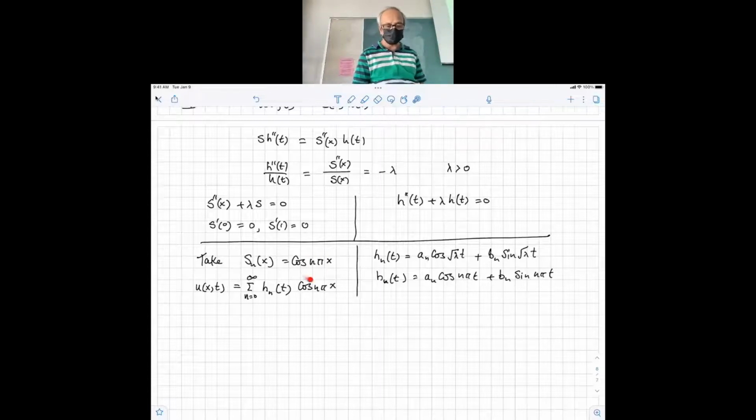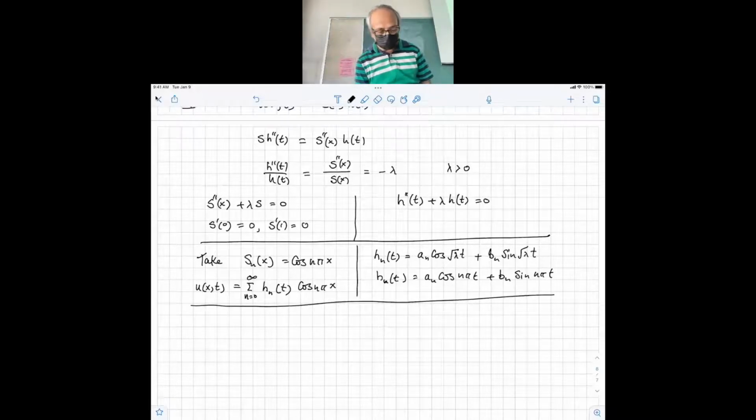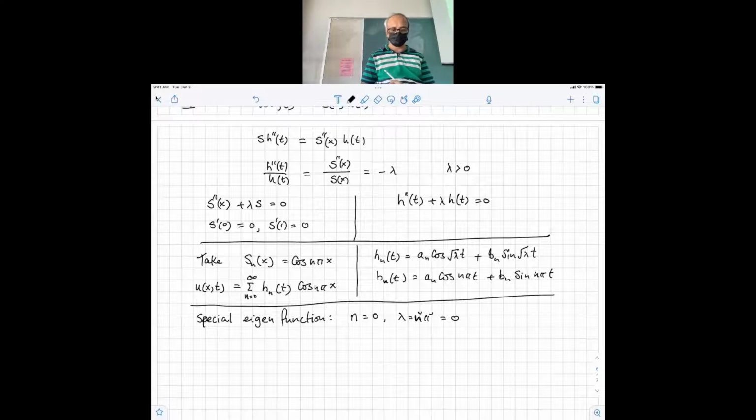So from here, the spatial part, we figured out what lambda is. Then you look for a special eigenfunction, which is n equals 0. Lambda is n squared pi squared, which is 0.